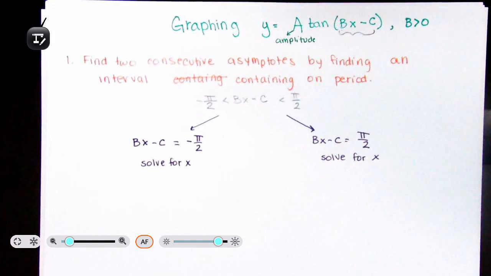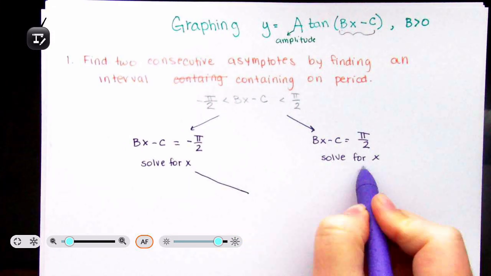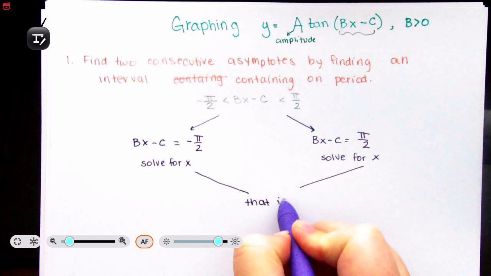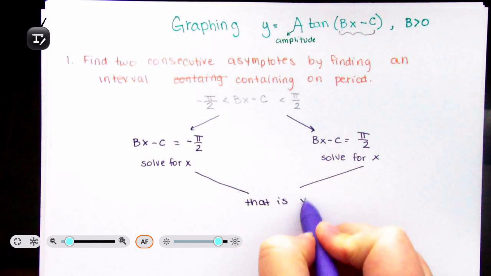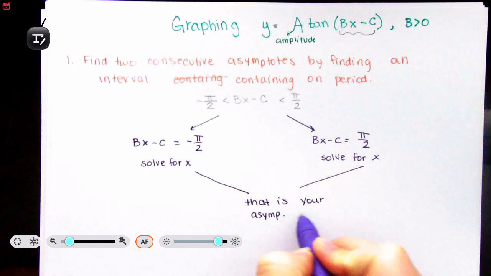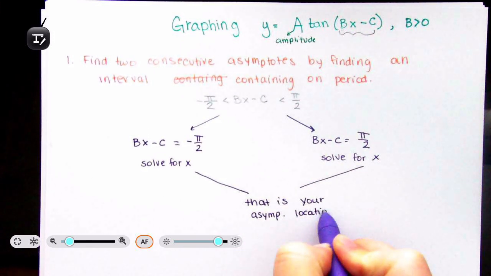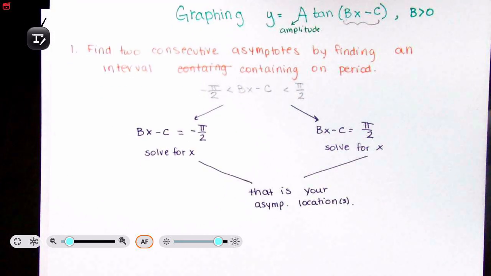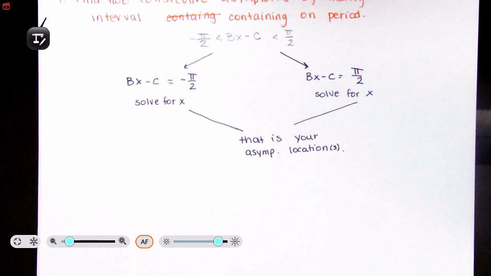Once you solve for x, that is where you have your asymptotes. So you have locations, it's not just a location, it's locations plural. Okay, so that's step number 1.